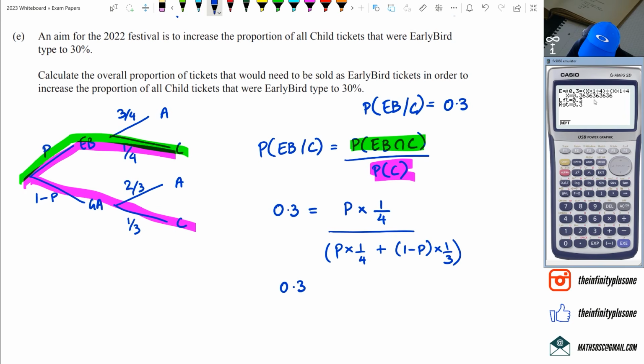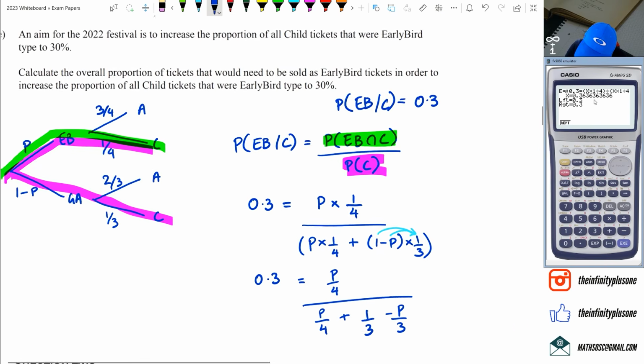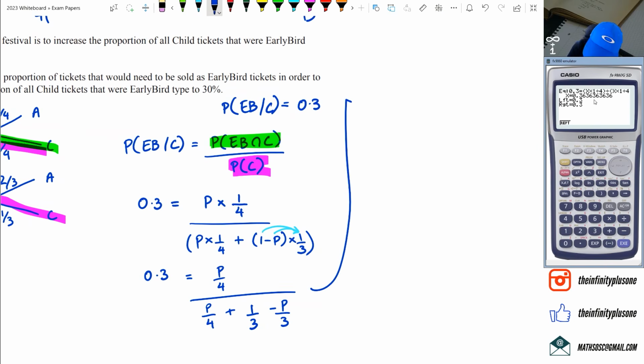So we've got 0.3 is equal to P over 4, divided by P over 4 plus, I've got to expand the brackets, so 1 times 1/3 is 1/3, and then minus P times 1/3 is minus P over 3. If I carry on here, I get 0.3 is equal to P over 4 divided by a quarter minus 1/3, because it's 1 over 4.